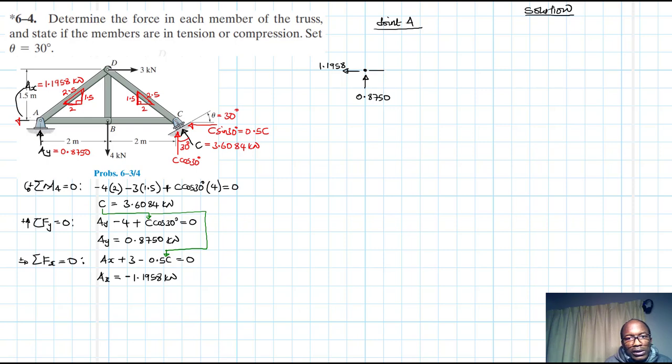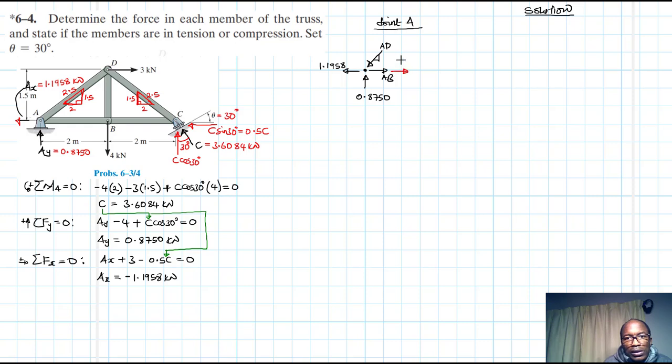Let's say this one is in tension, AB, and then let's say this one is in compression with the slope already indicated in the diagram. We call it AD. So let's find these components.